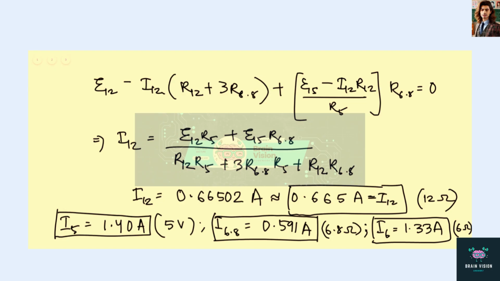There's one more current to find. Let me just write that over here so that I don't need to go to the next page and all the currents will be here.